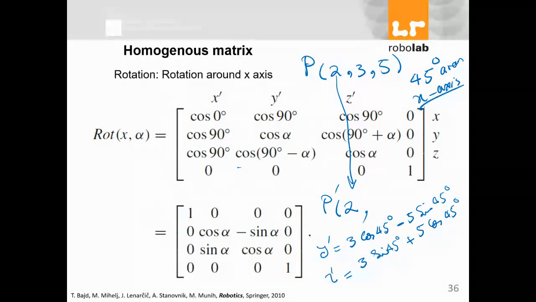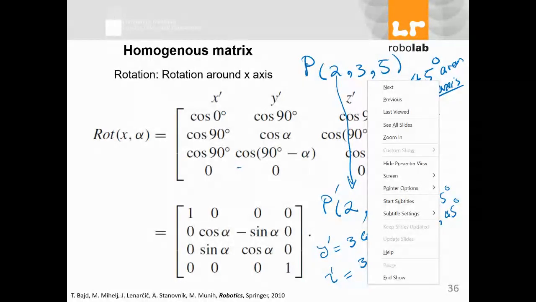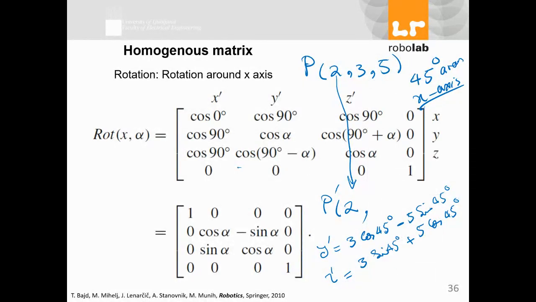So after rotation, Nikita says it would be 3 and 4.24. So please, others, also double check. X is 3? Sorry, what? X won't change, Nikita. What do you mean?